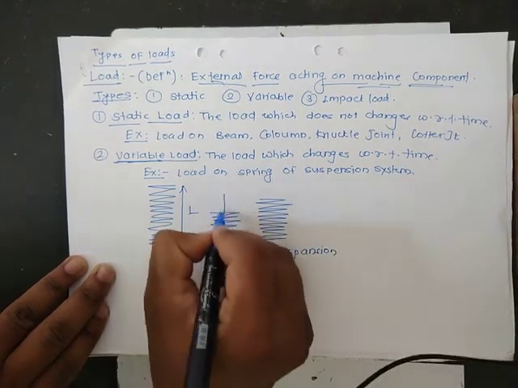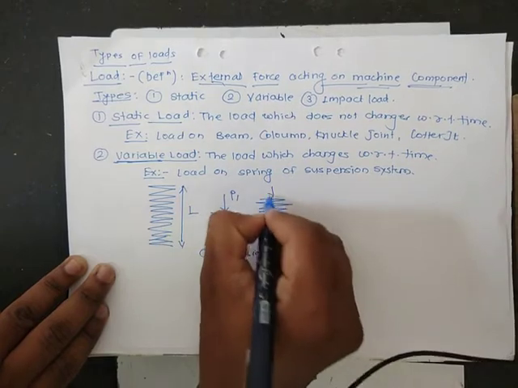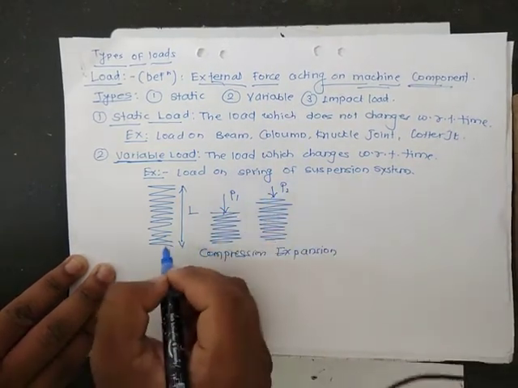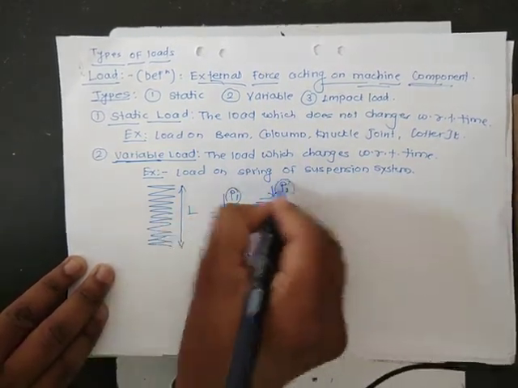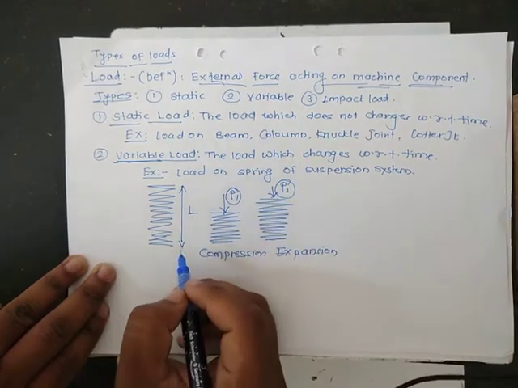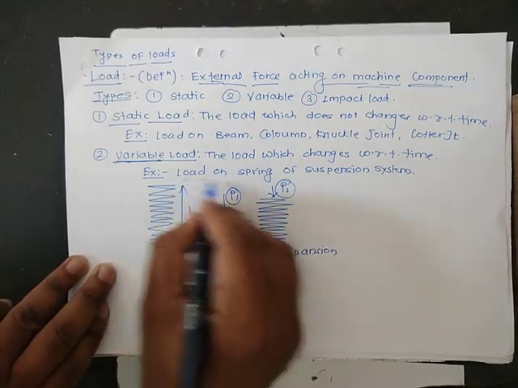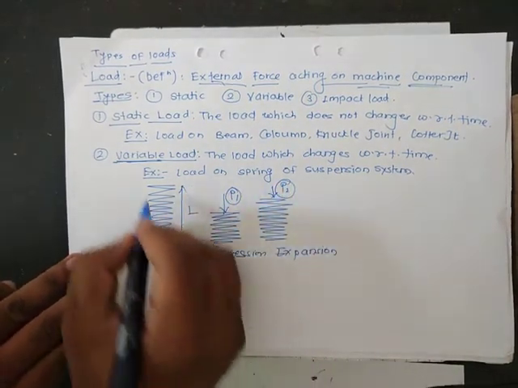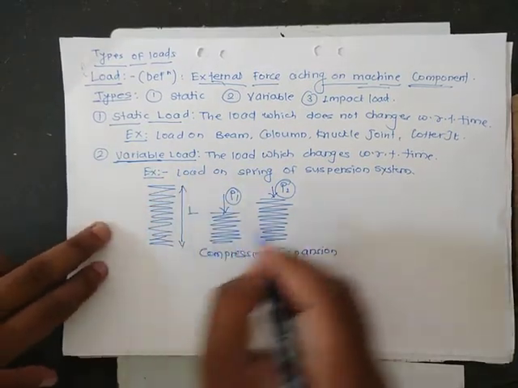During the compression, the force on the spring is P1, and during the expansion, the force on the spring is P2. P1 and P2 are different, that is, the force changes with respect to time, and thus the load on the spring in the suspension system is a variable load.